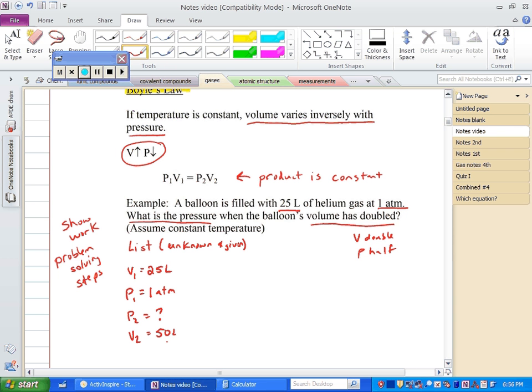The next thing you want to do problem solving wise is write your equation. Always write your equation before you put any numbers in.